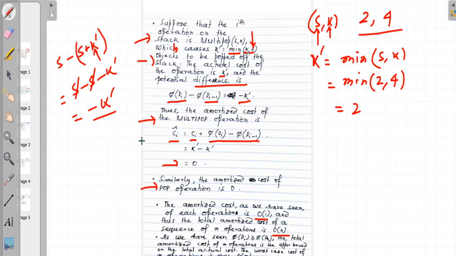So intuitively, what is happening in the multipop operation, why is it 0? Because the push operation is actually adding one extra credit. That is like the top-up recharge you do for the mobile phone. So you are adding one extra credit, and whenever the multipop operation is happening, all the accumulated credit is distributed throughout. That's why it is getting 0, right?